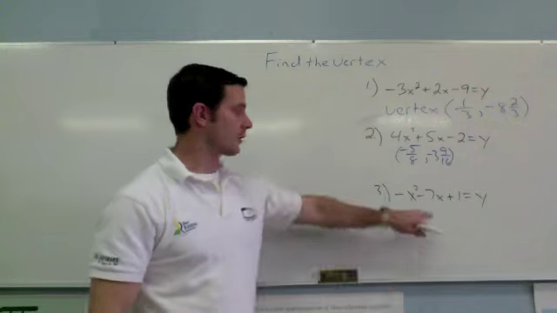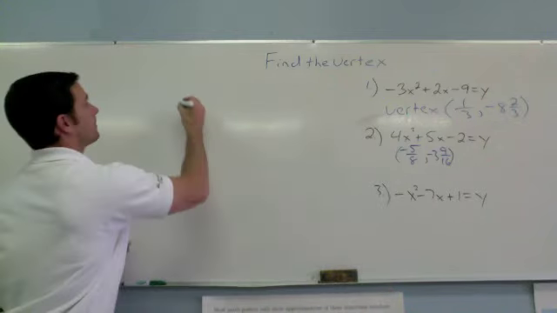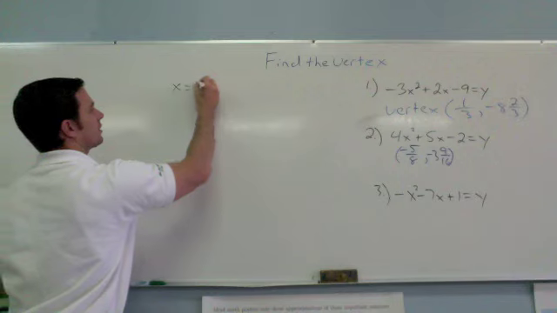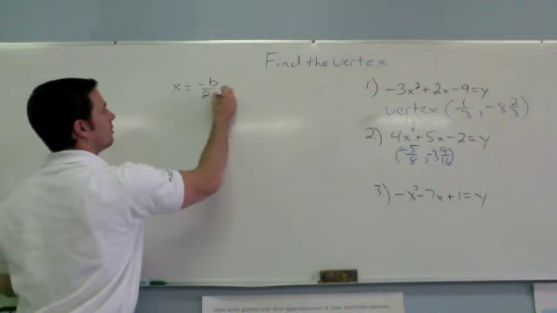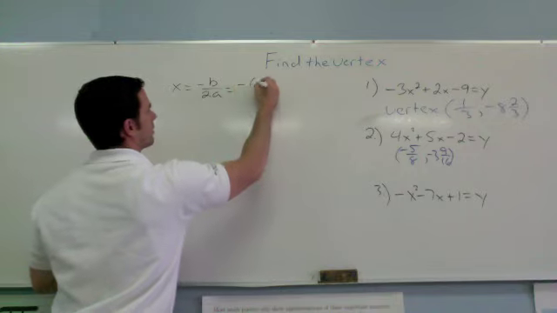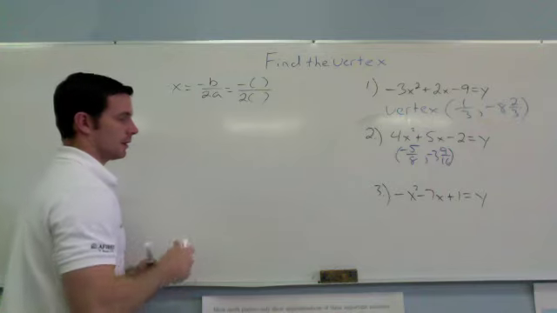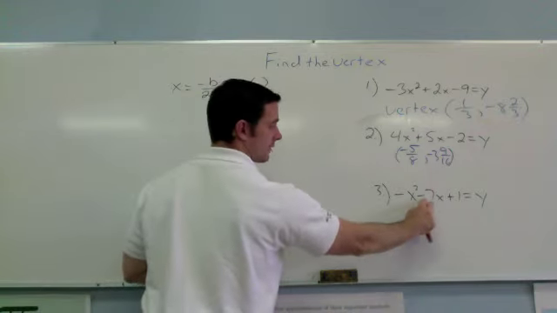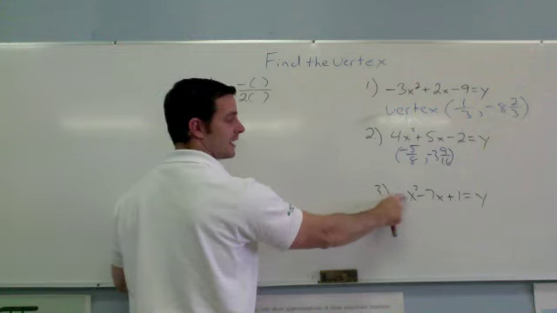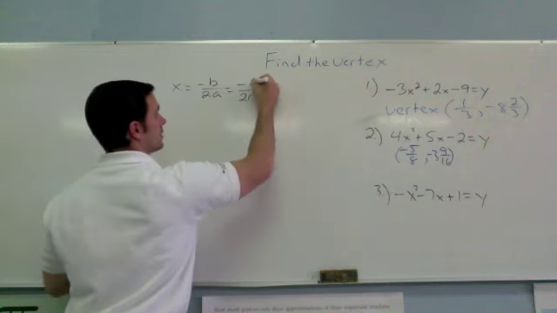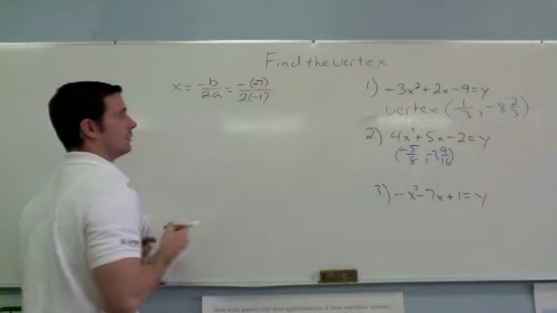Again, start with my axis of symmetry. X equals negative b over 2a, which will be negative parentheses over 2 in parentheses. My b value is negative 7. My a value right now is negative 1. So that's negative 7 over negative 1.